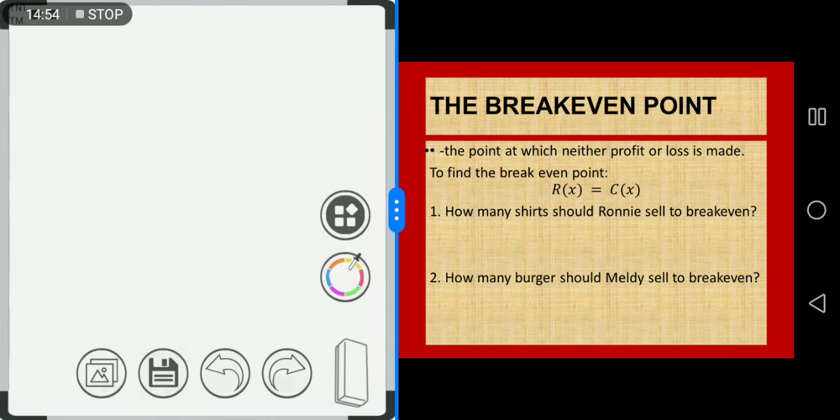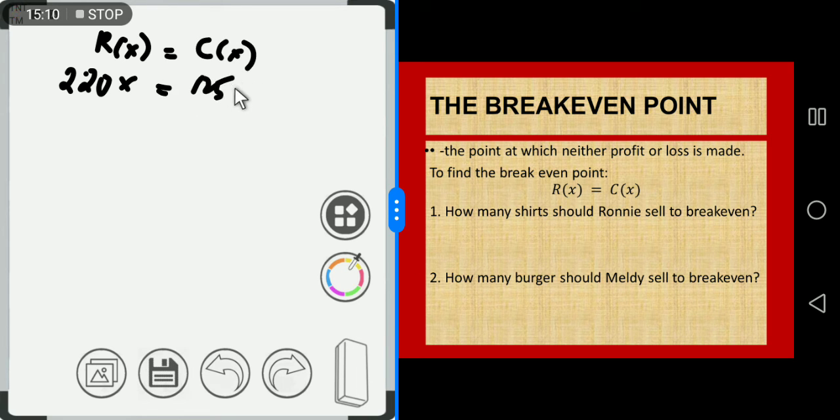So for number 1, si Ronnie po, 'di ba sabi nga natin, 220x ang kanyang revenue function. Then, yung kanyang cost function is 125x plus 133,000 pesos. Okay?